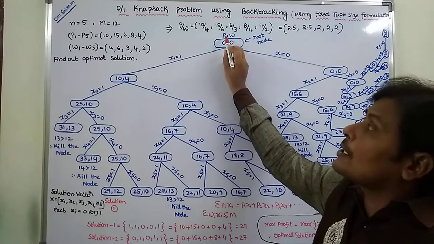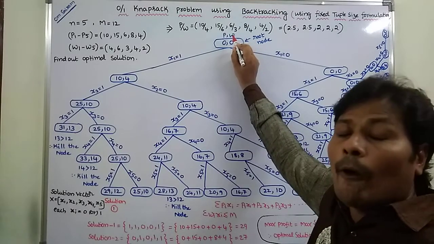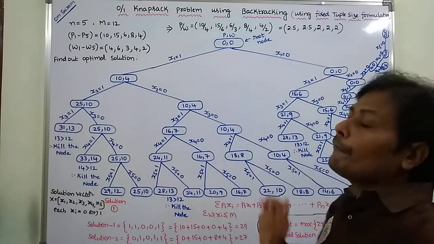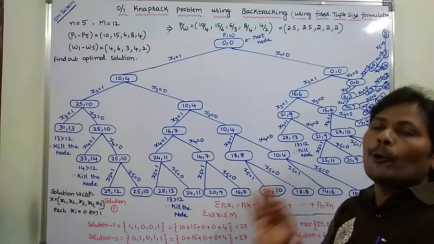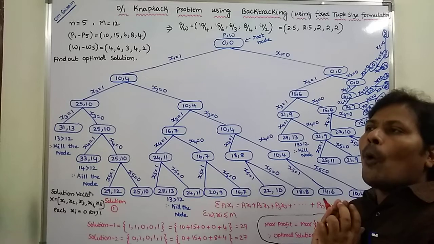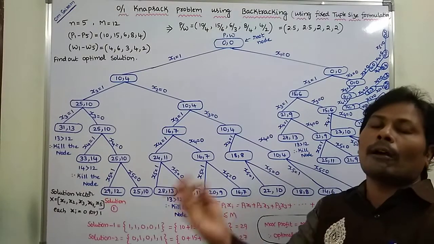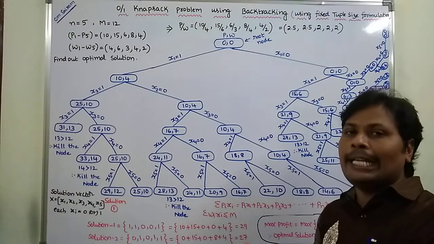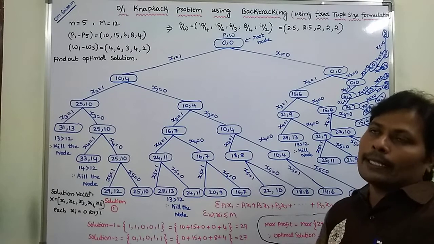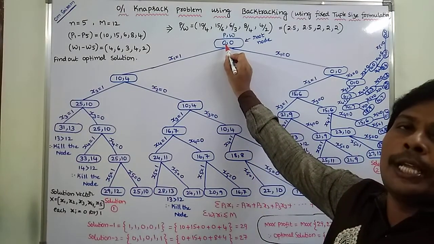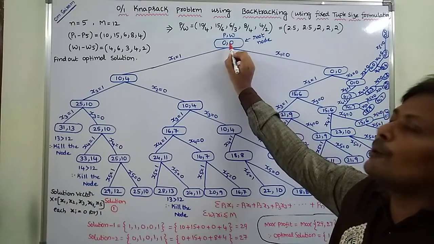Before starting our problem, there are no profits and no weights. That means no objects are placed into the knapsack before starting; initially we are not placing any objects into the knapsack. So profit is equal to 0 and weight is equal to 0. So the root node contains 0, 0.